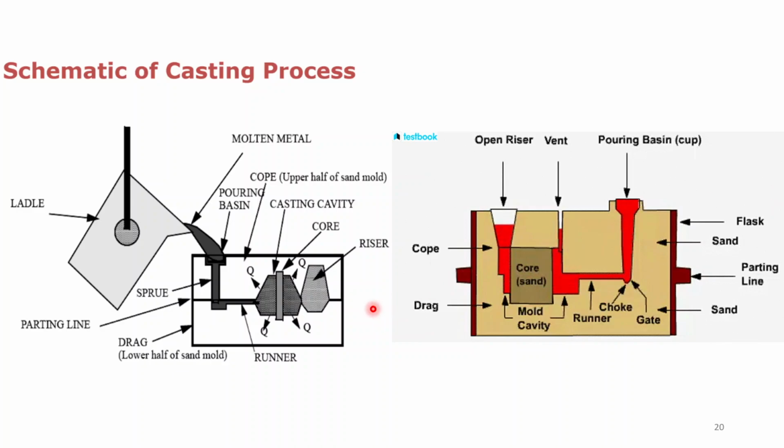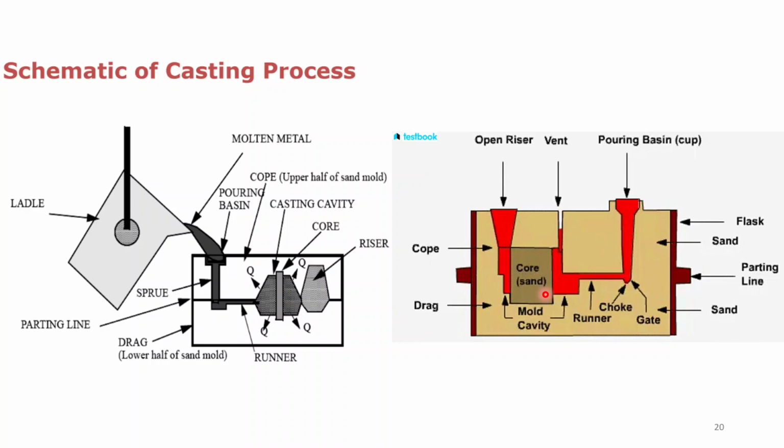So there should be a particular direction in which it should solidify. If it solidifies from this side, then the extra metal can't come to the cavity, right? So there should be a particular direction of solidification. For that you can use chills as well, which we mentioned earlier.